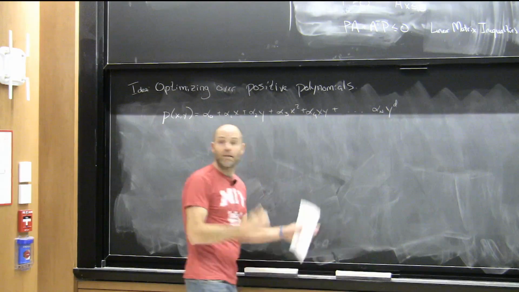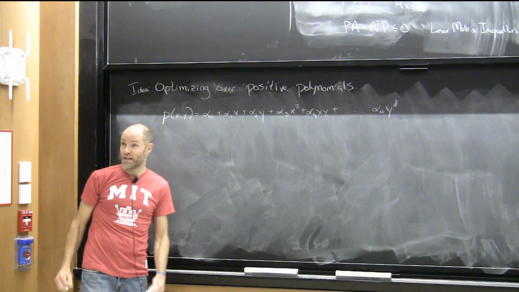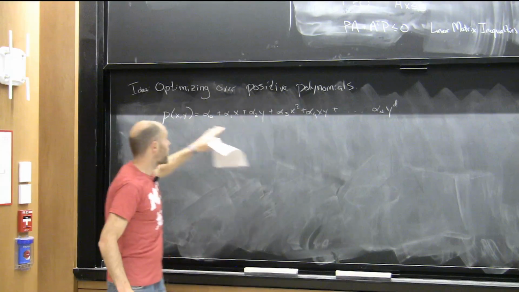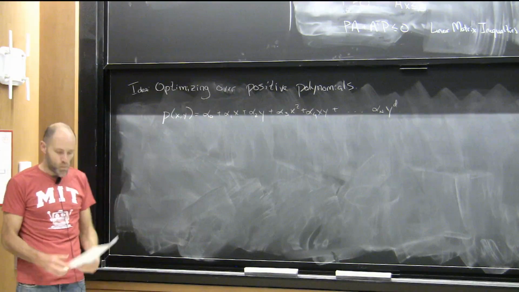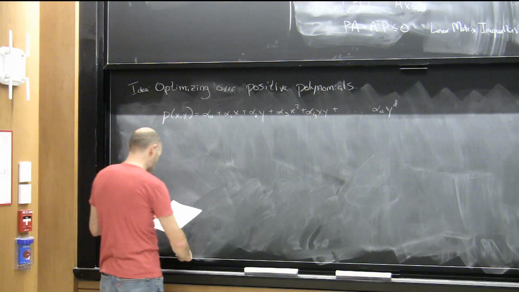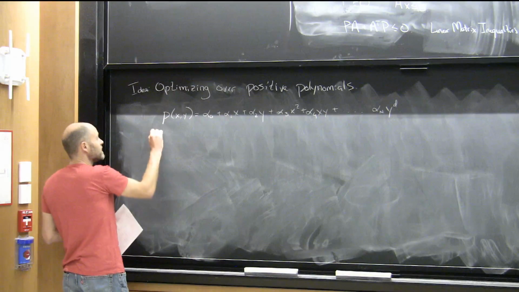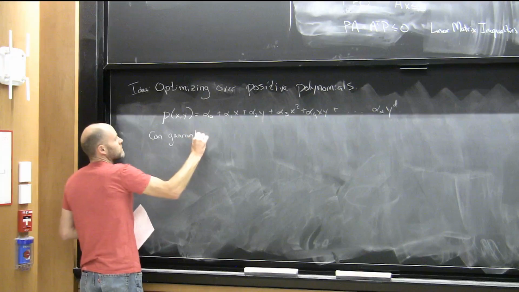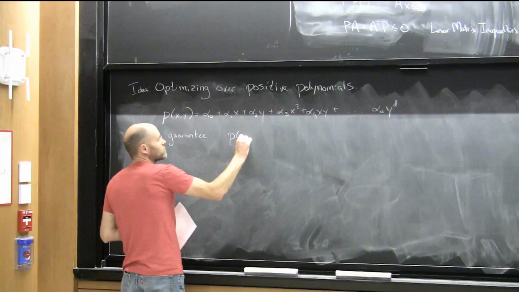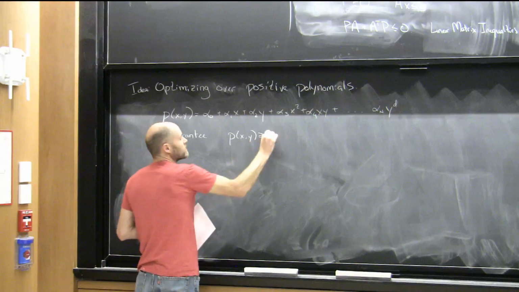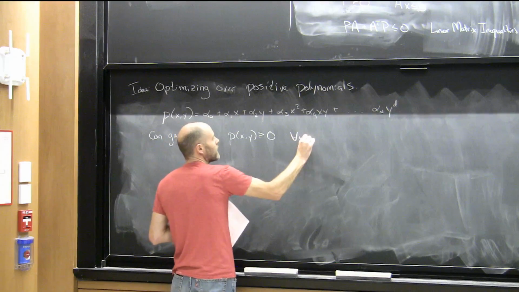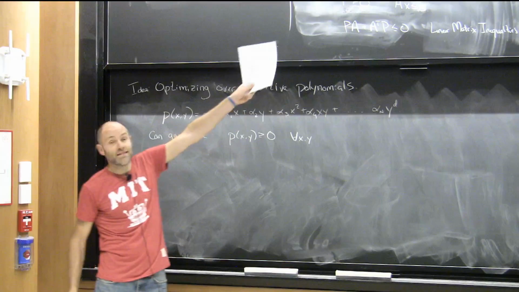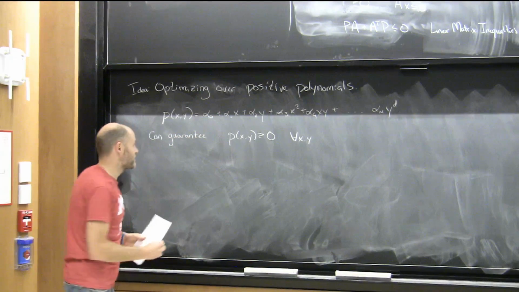At some point it'll stop at the d-th power. If I have some finite degree polynomial like this, then I can guarantee that p of x, y is greater than 0 for all x, y if I can find something like that.